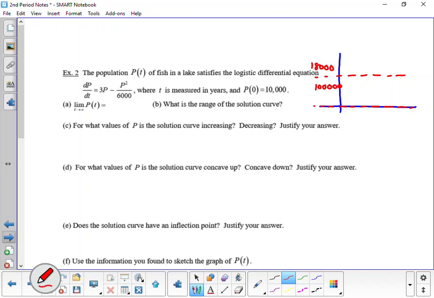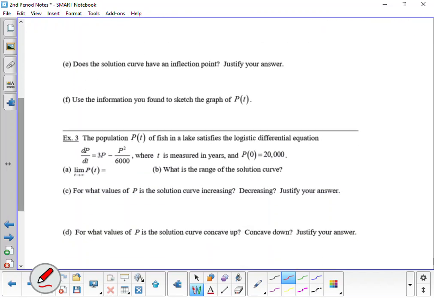So did your point of inflection already happen before the curve starts? This one is just going to be increasing, but it's going to be concave down, because the point of inflection is before t equals 0.